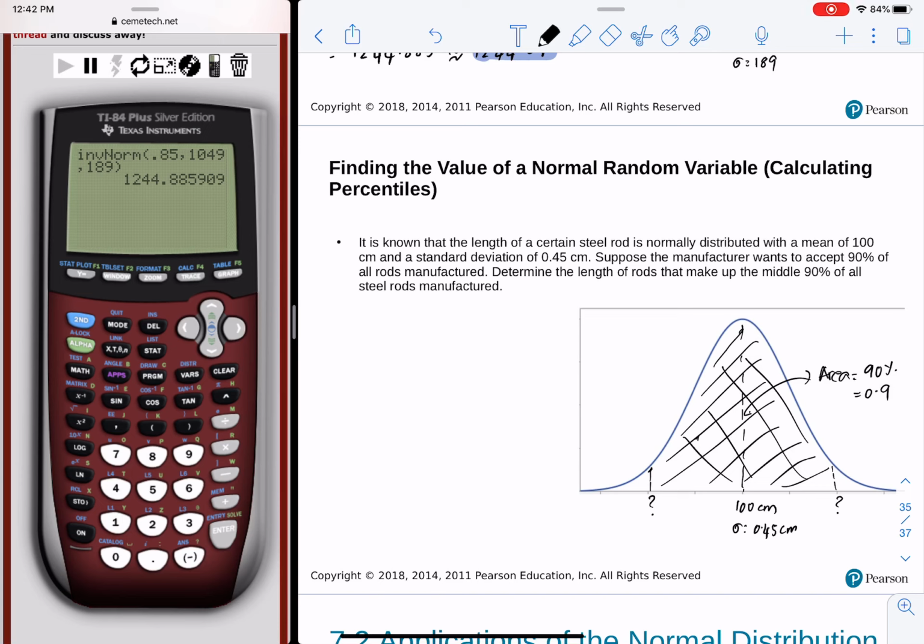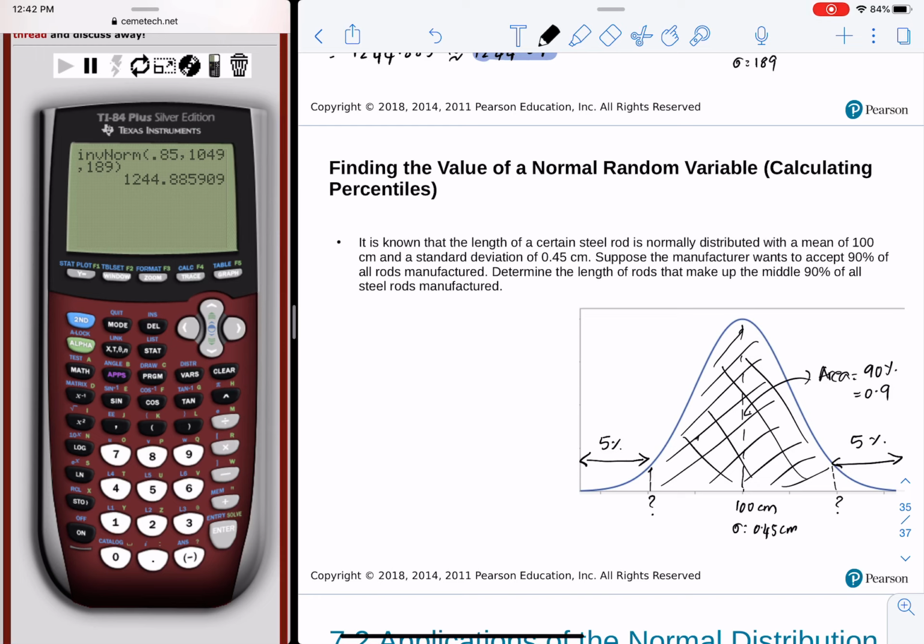So what we're going to do is we are going to find the area up there and the area up there. So if 90% is in the middle, 10% is unaccounted for, so 5% is over here and 5% is over there.